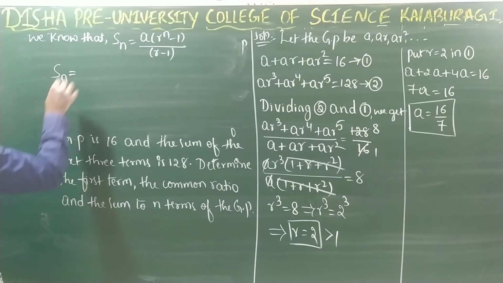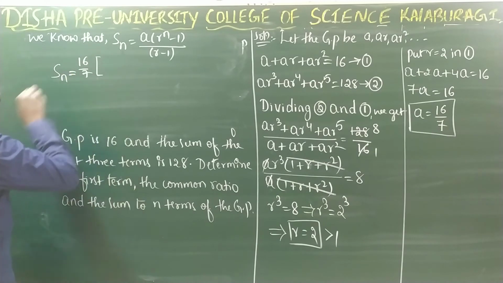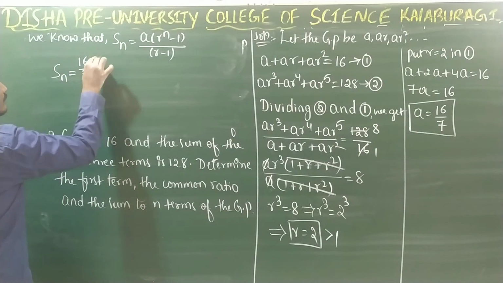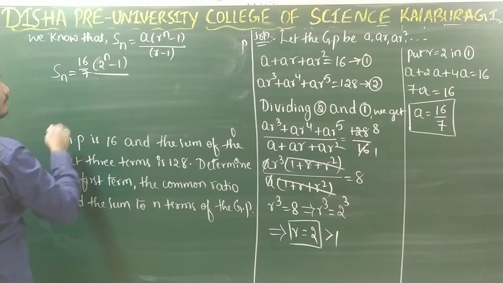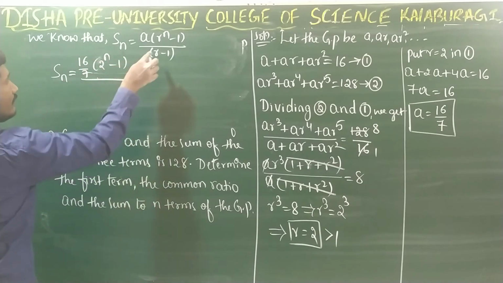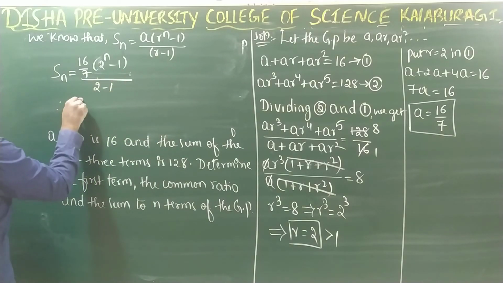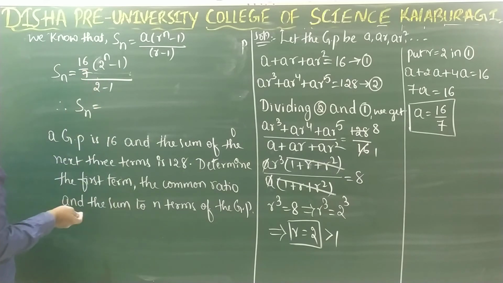Sn is equal to the value for A, 16 by 7, into the value for R is 2, that is 2 power n minus 1, divided by R minus 1, that is 2 minus 1. Therefore, Sn is equal to, 2 minus 1 is 1, this will come to the denominator.